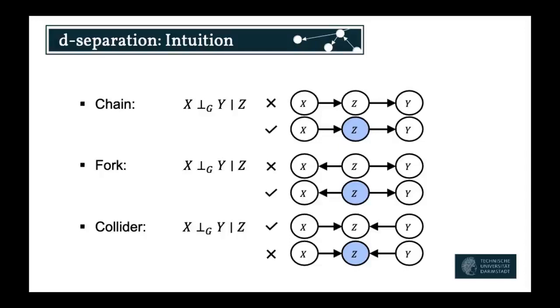But for example, if X is d-separated from Y by Z in a chain graph, then we have these two situations, right? So it is independent in the lower case, where blue now means I know this variable, so Z is in this set. I observe Z. But they are not independent, they are dependent in this case where we don't observe Z.